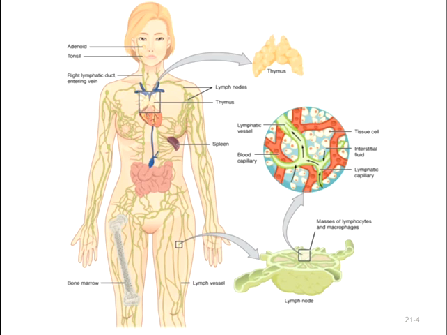You have several lymph nodes located throughout the body. You have some in the mammary, some in the axillary, in the subclavicle, the cervical, in the occipital regions. You have lymph nodes everywhere. You have inguinal.